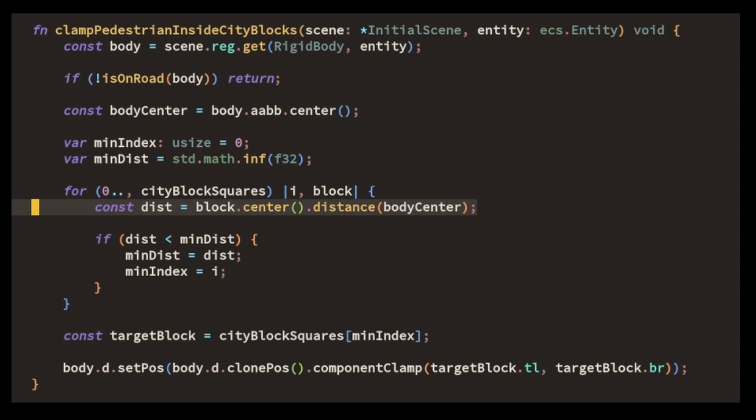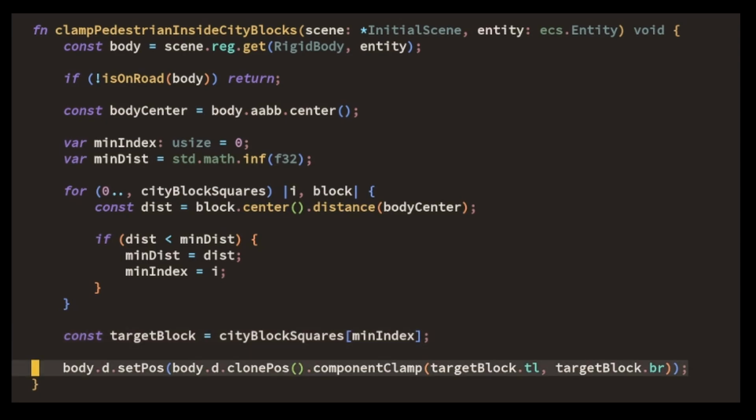We get the distance from the block to the pedestrian, and we check if the distance is less than the current min distance. If it is, we set the min distance to this and min index to i. Now when the loop is done, we have the target block set to city block squares with min index, which will be the block with the least distance to the pedestrian.